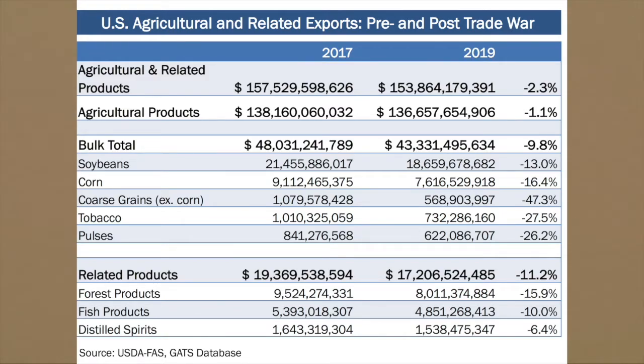So even though overall agricultural trade went down by 1.1%, for a lot of these individual categories, U.S. agricultural exports suffered more than the average.